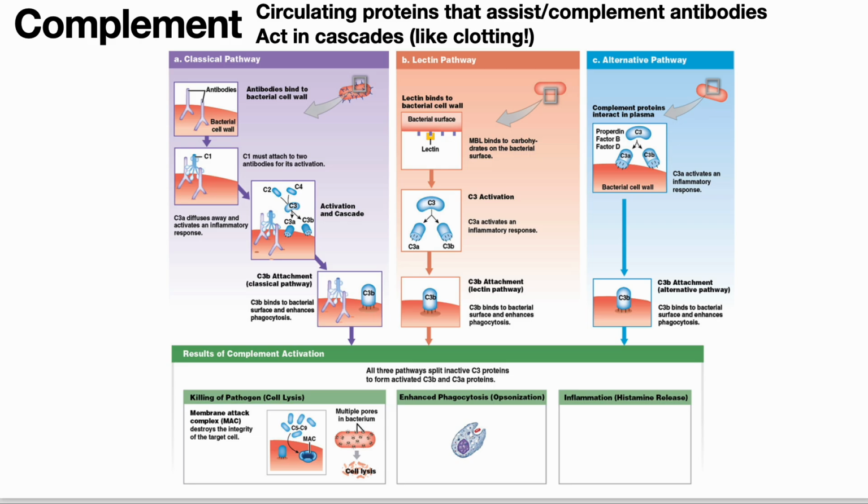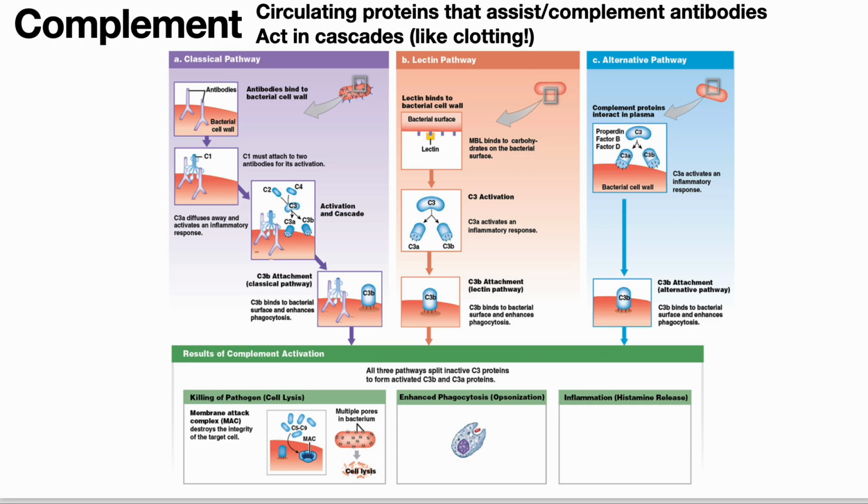So complement itself is not specific, but it does support antibody-mediated immunity, which is specific. So there's a little bit of a crossover here. And complement is going to act in cascades. If you recall the clotting cascades, it's going to be a little bit similar to that. So we're going to have three cascades or three pathways by which complement can be activated.